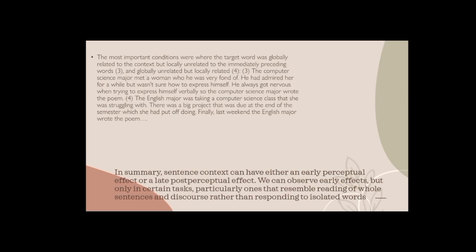In summary, sentence context can have either an early perceptual effect or a late post-perceptual effect. We can observe early effects but only in certain tasks, particularly ones that resemble reading of whole sentences and discourse rather than responding to isolated words.